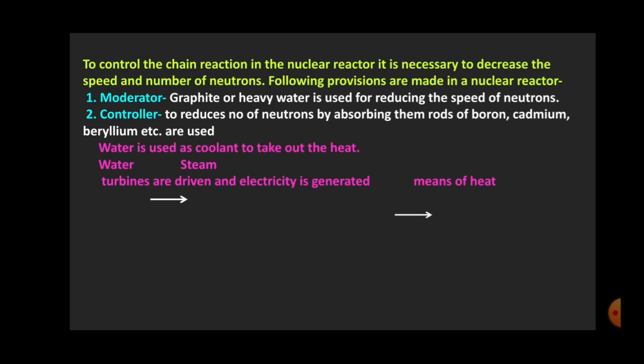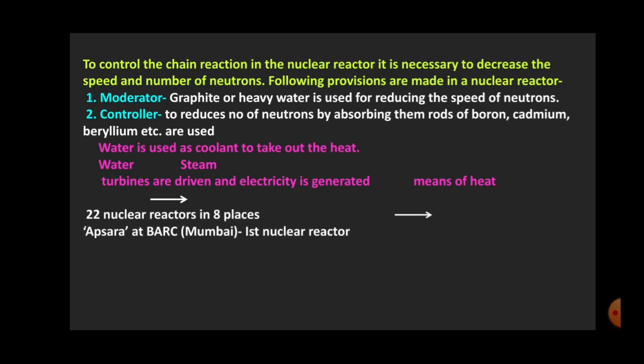The electricity is generated, right? So this is how the nuclear reactor works. Now in India there are 22 nuclear reactors which are situated in 8 different places. The very first one is Apsara at BARC Mumbai, which is the first nuclear reactor in India, right?